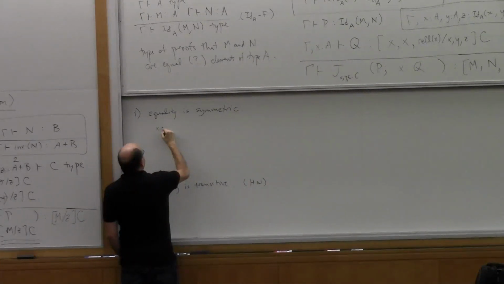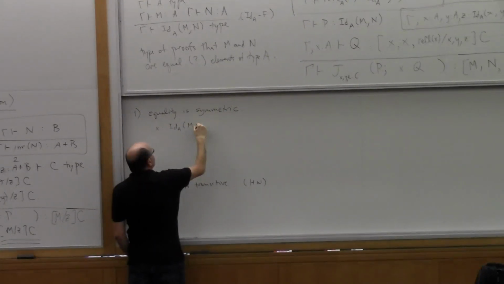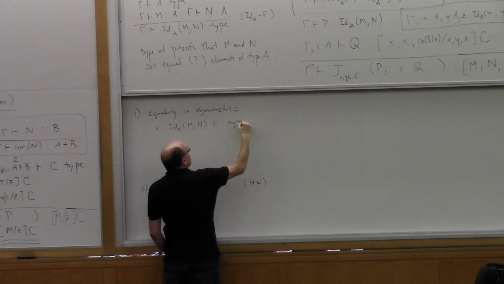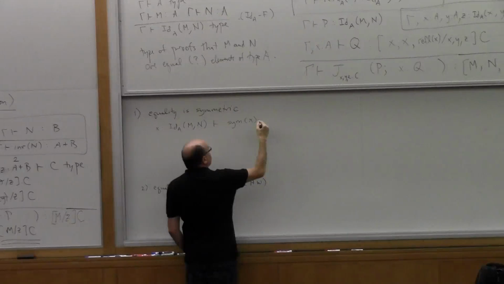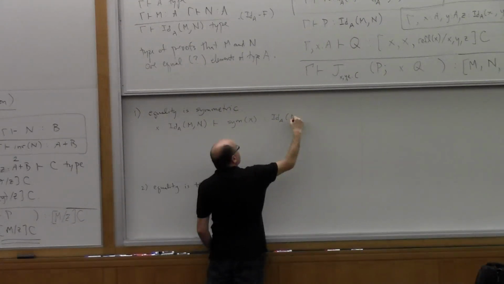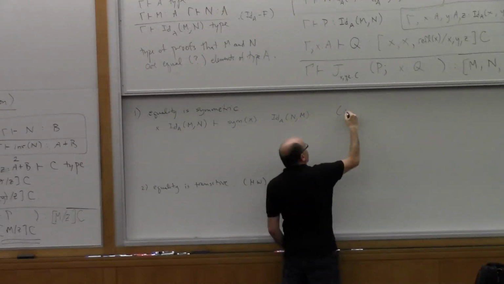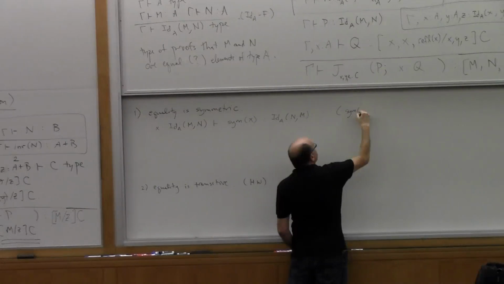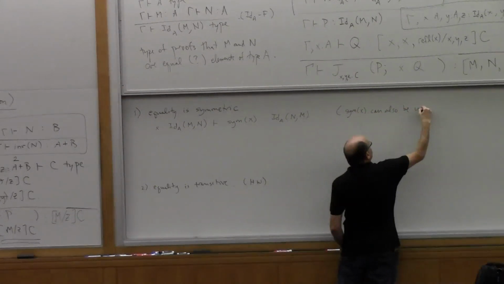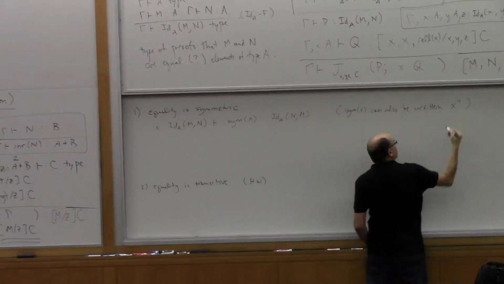So for any m and n, I will say, if you give me a proof that m is equal to n, I can turn that into a proof. I'll call it sim of x. I'm going to define what that is, which is a proof that id a and m. And in fact, the other notation, sim of x, can also be written as x inverse.